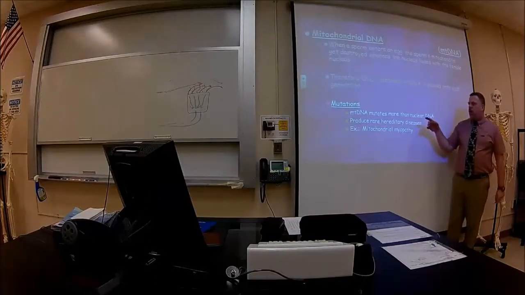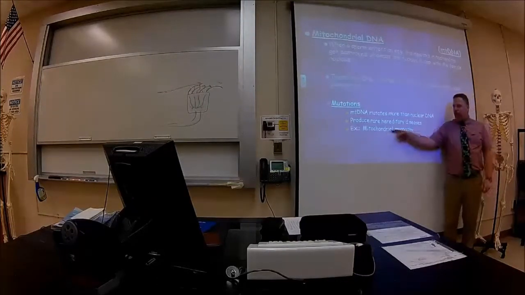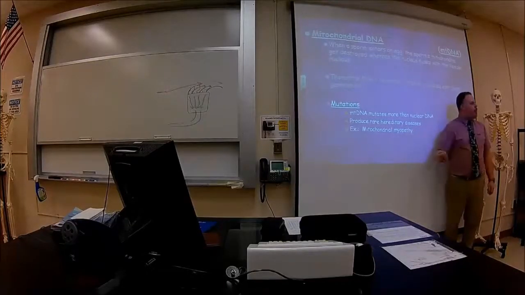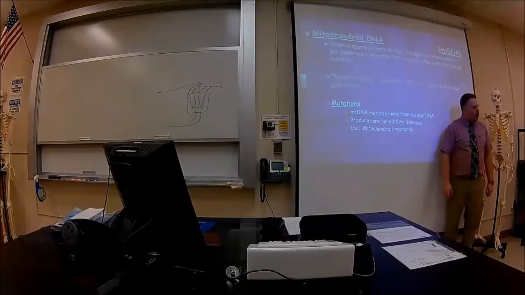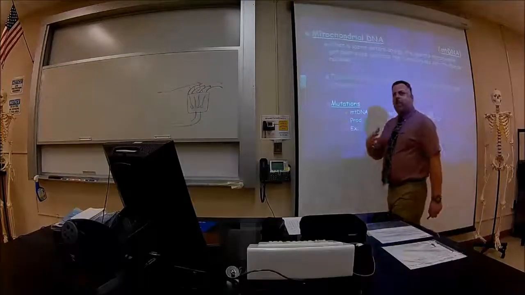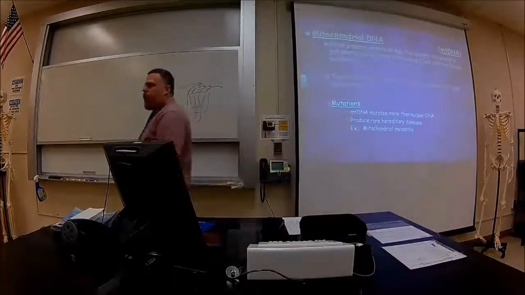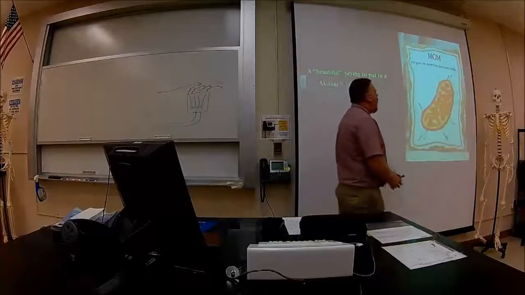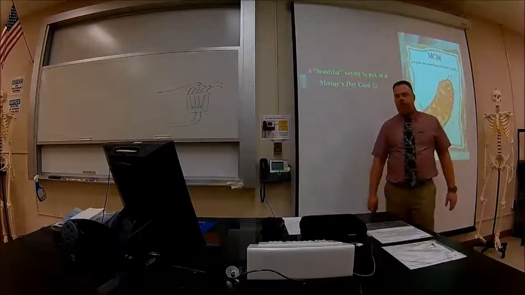And if dad has mitochondrial myopathy, he can't pass it to his child. Does that make sense? Mom has it, she can pass it. Okay? So mom can pass on DNA that's mitochondrial. Dad cannot.